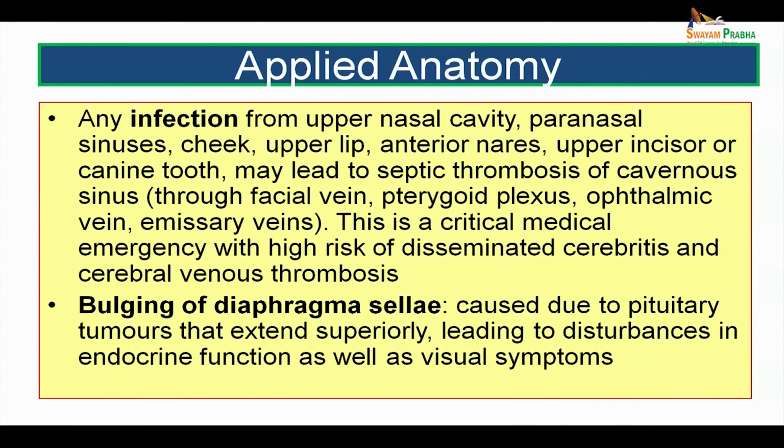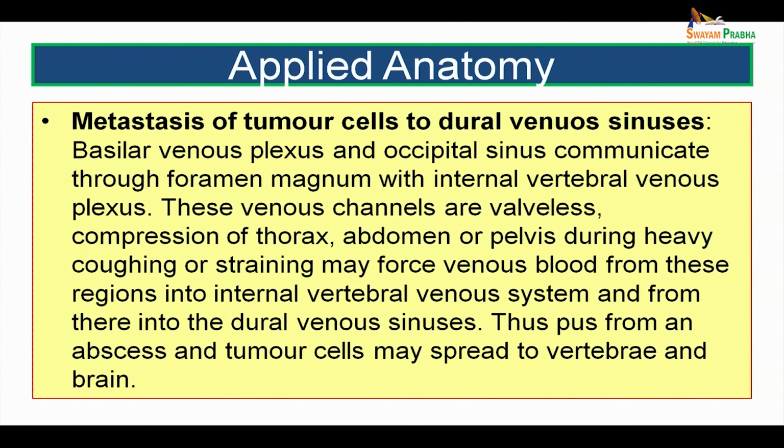This is a critical medical emergency with high risk of disseminated cerebritis and cerebral venous thrombosis. Next, we see the bulging of the diaphragma sella. This is caused due to pituitary tumors that extend superiorly, leading to disturbances in the endocrine function as well as visual symptoms.